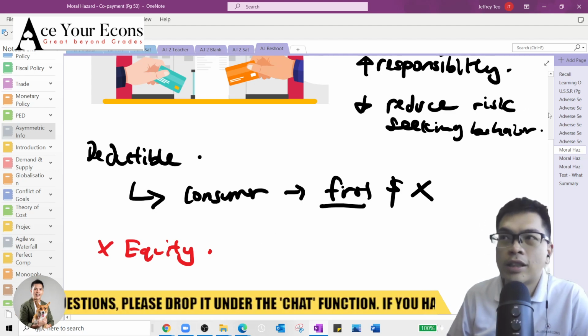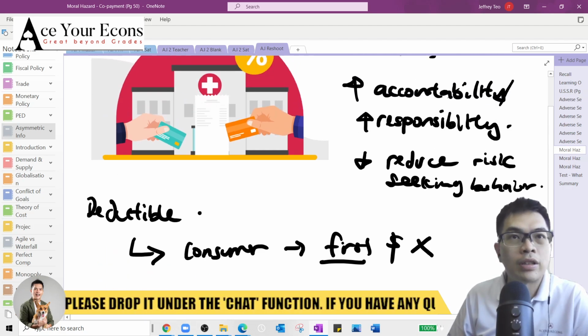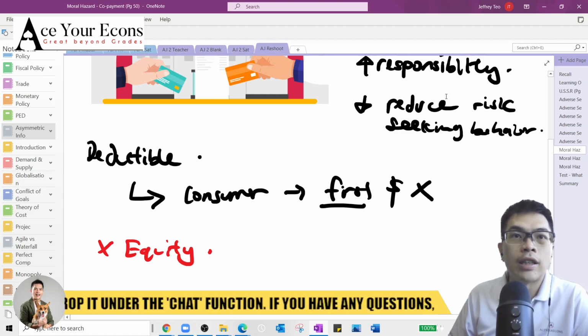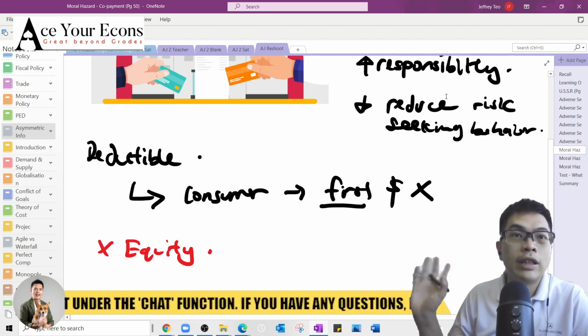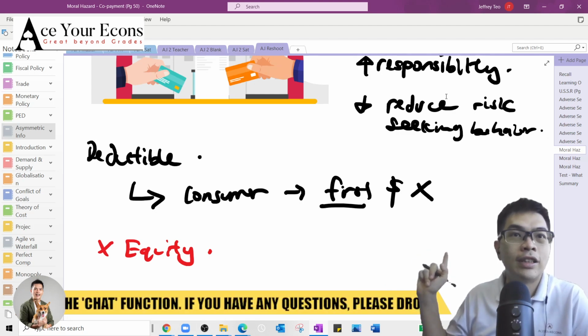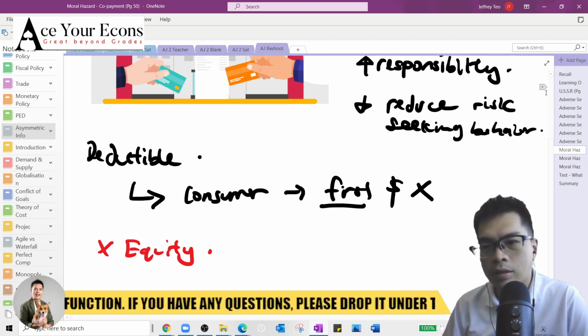The lower income earners especially will be disproportionately affected. 10% to a lower income earner is going to be very, very much. And even though the lower income earner is not engaging in risky behavior, they are still subjected to this, right? Then you realize that it's going to worsen inequity.